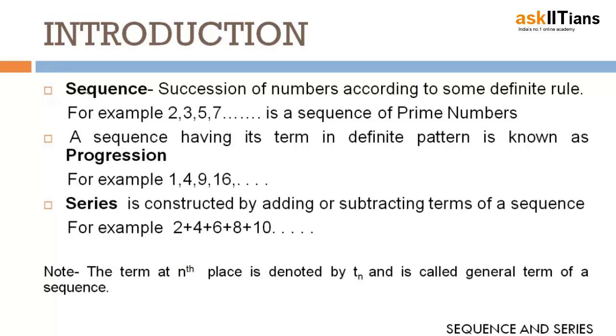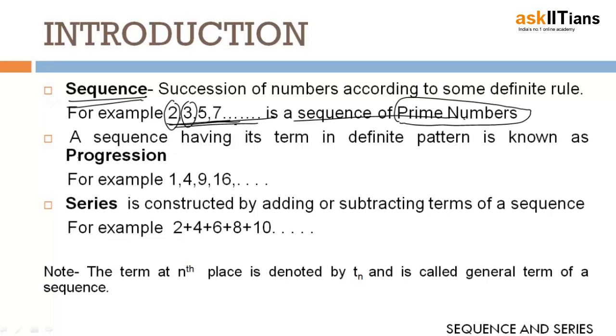For example, the sequence of prime numbers. In this we can see that all the numbers belonging to this sequence are prime numbers. So being prime is the definite rule which has to be followed by each term of this sequence.